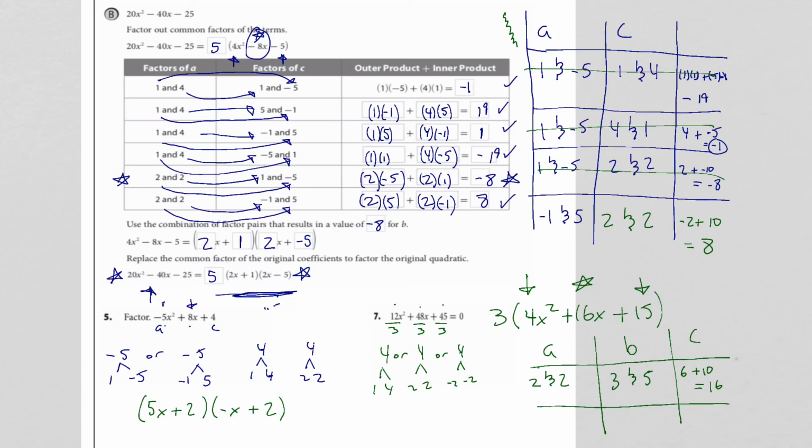Now, of course, there'd be many other combinations you could try. I just got lucky, and on the first attempt, I was able to factor it. So it's going to be 2x plus 3 times 2x plus 5, and all that's multiplied by the 3 I factored out.